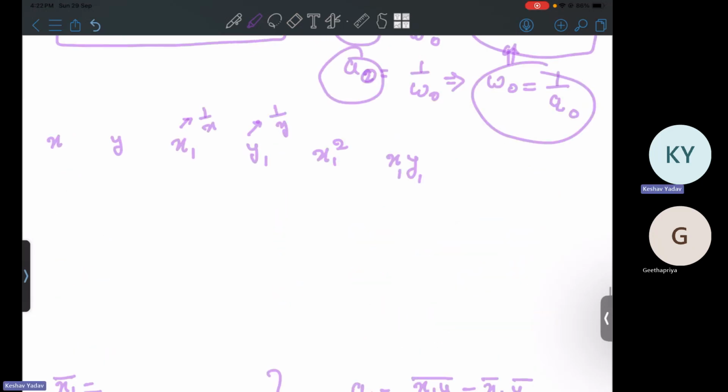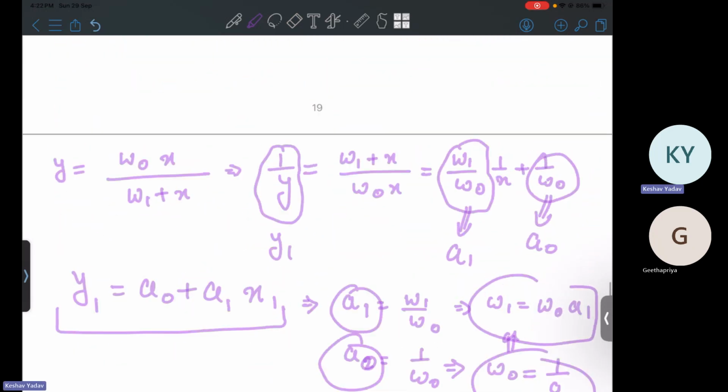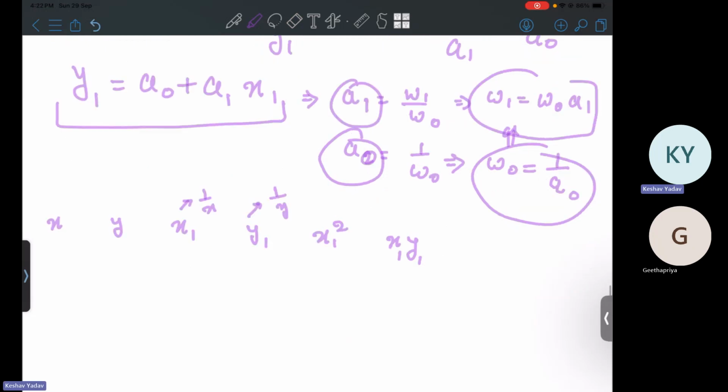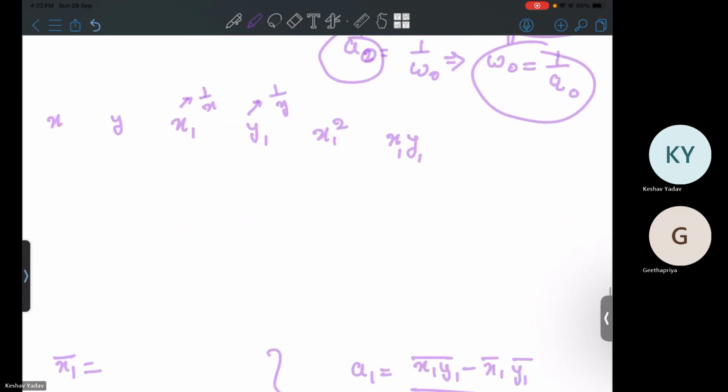Now we need to fill this table. What is the data that we have? Let me write the data here. So for X we have 1.3, 1.8, 3, 4.5, 6, 8, 9.